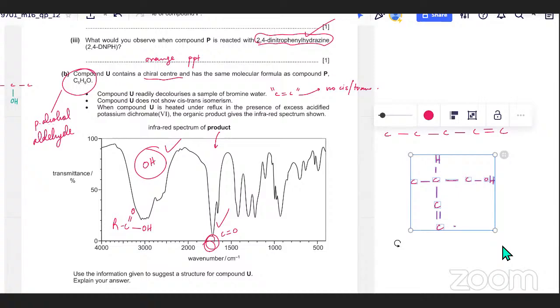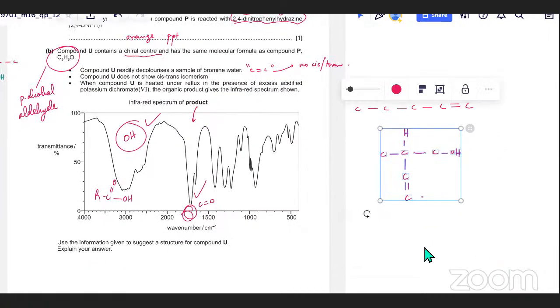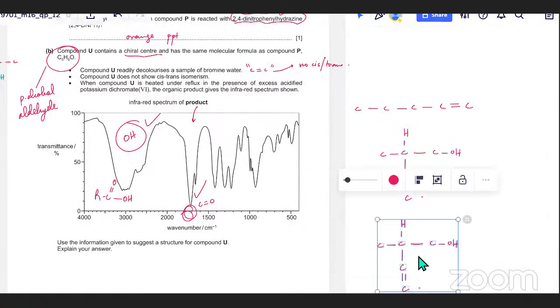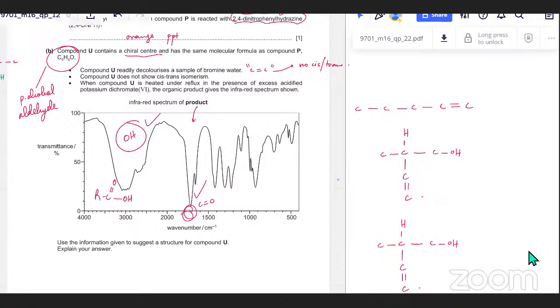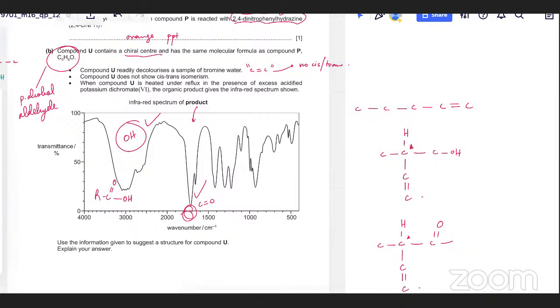I've still not figured out whether it's an aldehyde or an alcohol, so I'm going to try an aldehyde as well. That's the only way I can make it chiral. Maybe the OH group is somewhere over here, maybe the aldehyde is on the double bond.